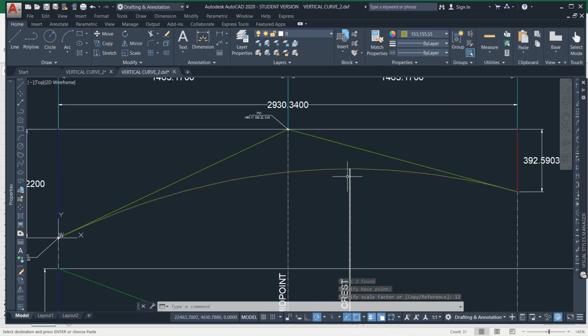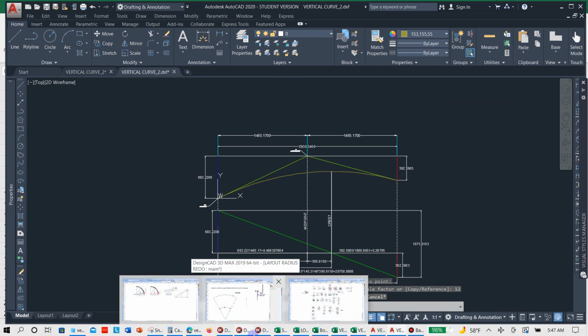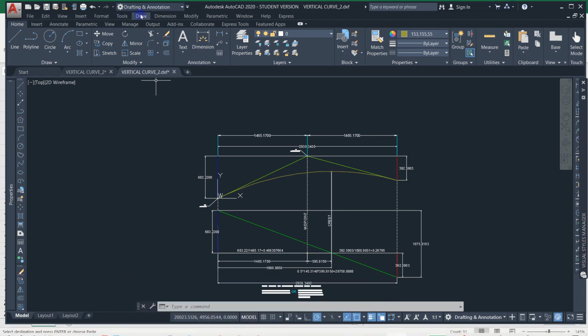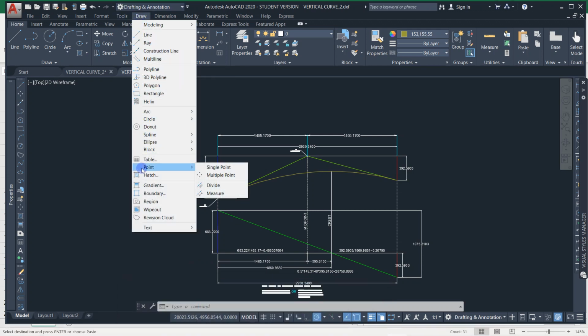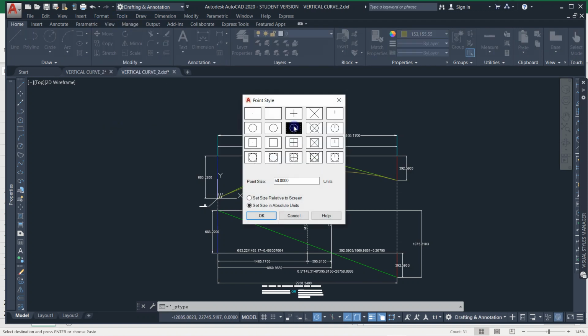So now let's look at the coordinates. Let's put this in, draw points. Let's see what the point style manager looks like. Format, point styles. That's good. And then we'll just do 25, enter.